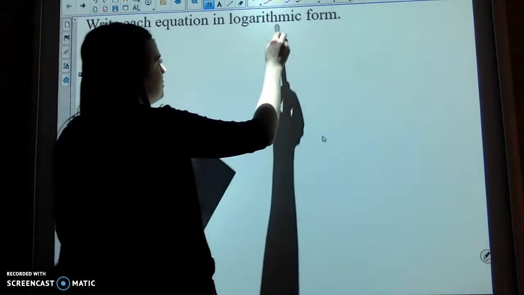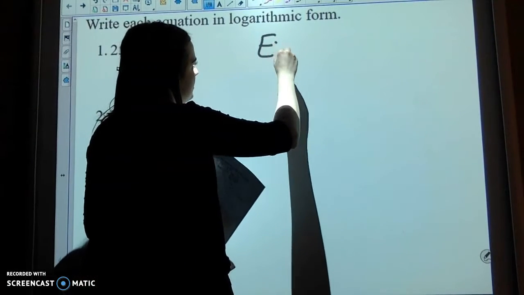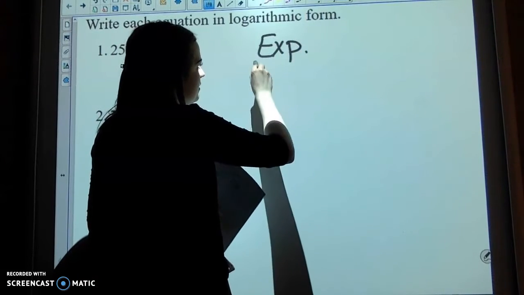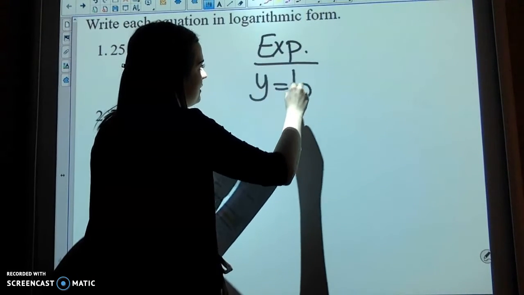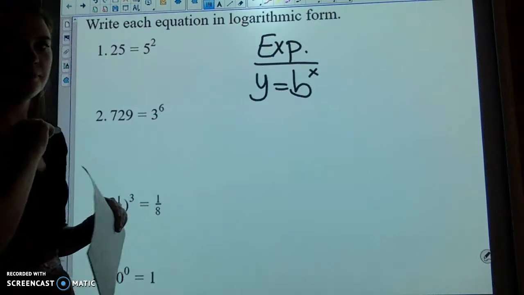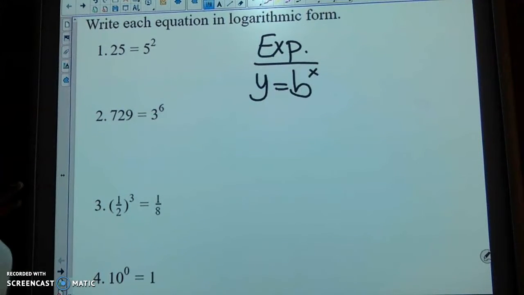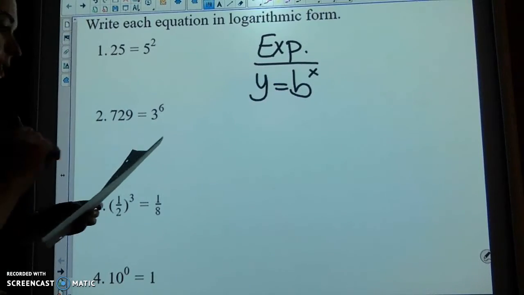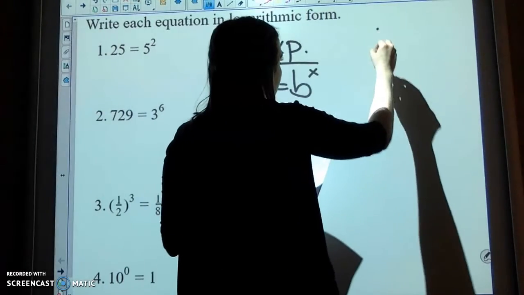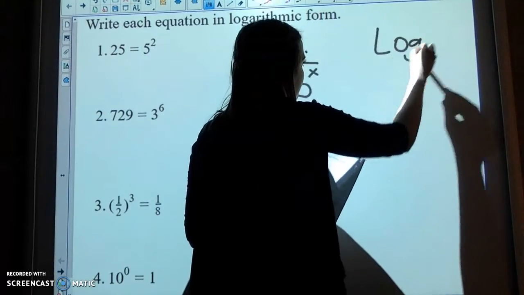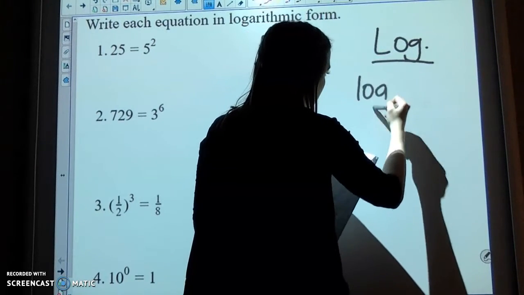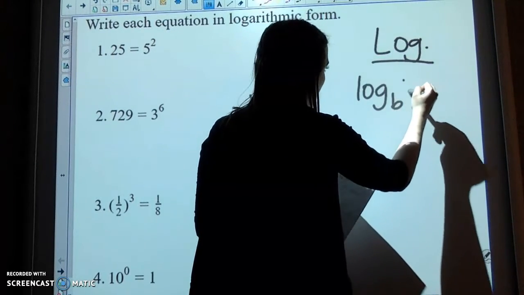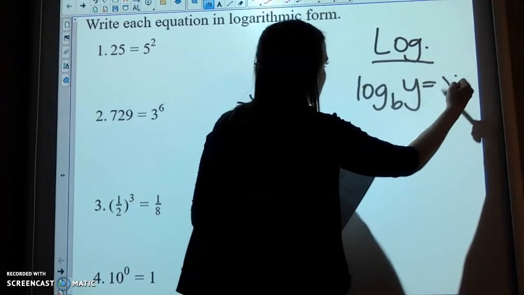So we know exponential form is y is equal to b to the x. That is the most basic form of it, okay? The log form, the general form for it, is log base b of y is equal to x.